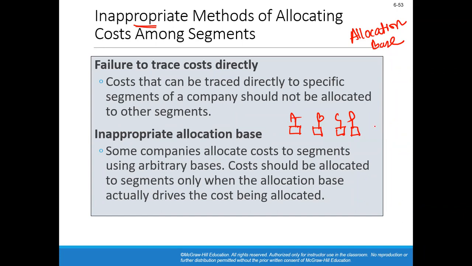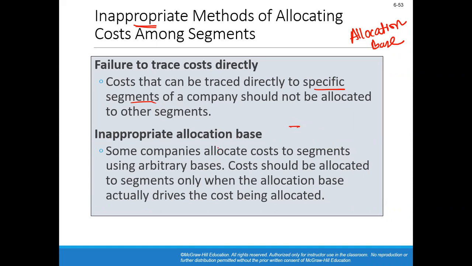So you might have a tendency that, as you are incurring more rent for these premises, you will take some of this rental cost to the segments which are costing less. This is not a good way: cost which can be directly attributable to a specific segment or a specific outlet cannot be allocated to other segments or other outlets.